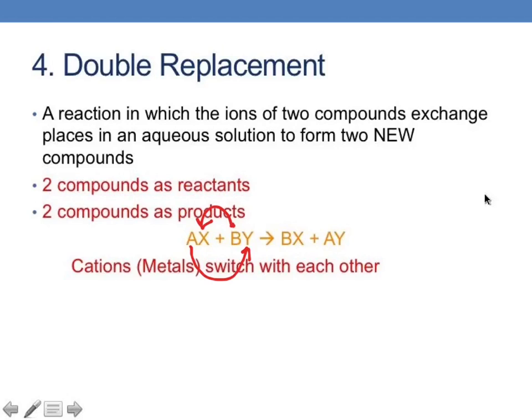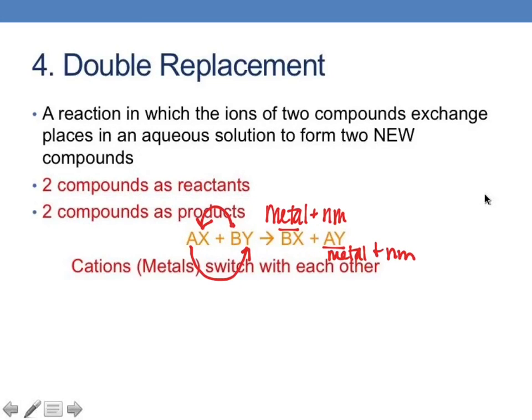So what happens here is, when I look at this, I always think of it kind of like the FOIL method. We have our outers hook up, and then you have the inners hook up. Okay? The only problem is you've always got to write the metal first and then the non-metal. So it's always metal and your non-metal. And then here, again, metal and non-metal.